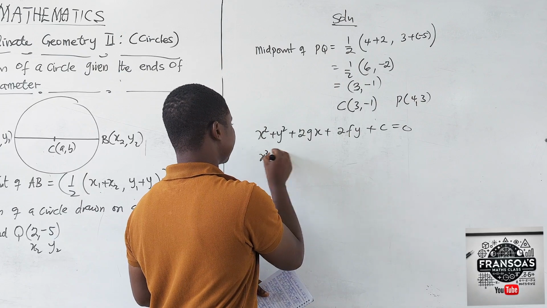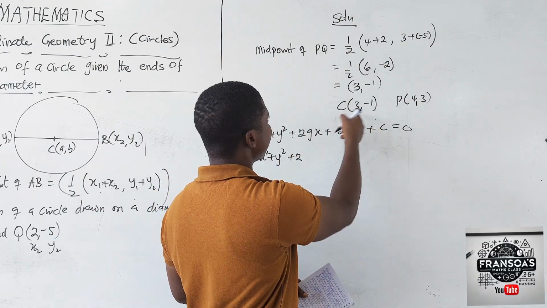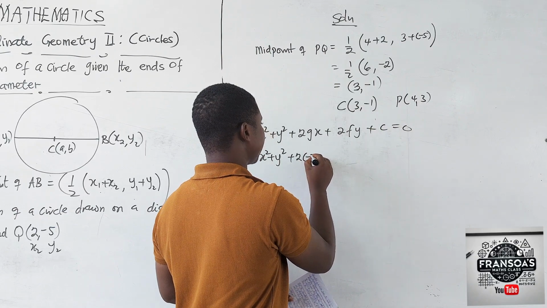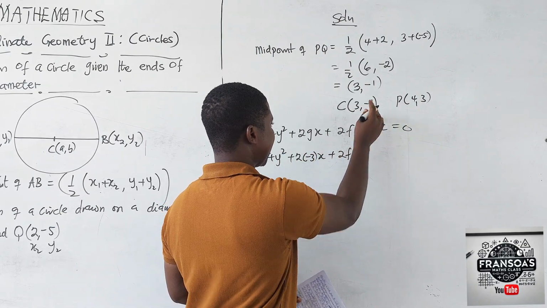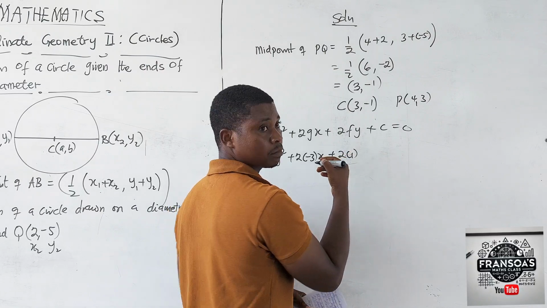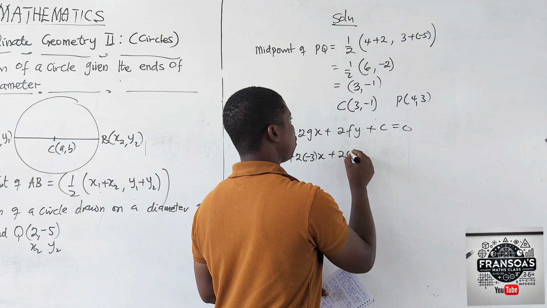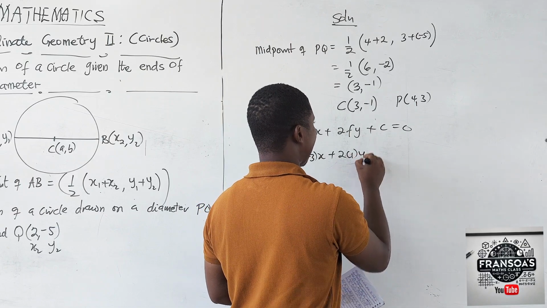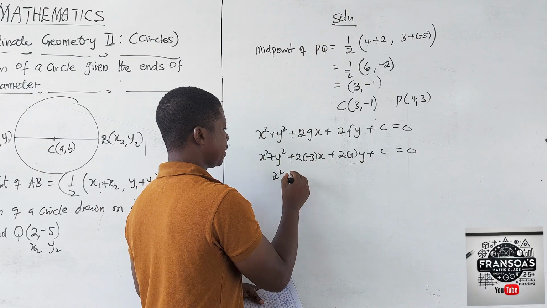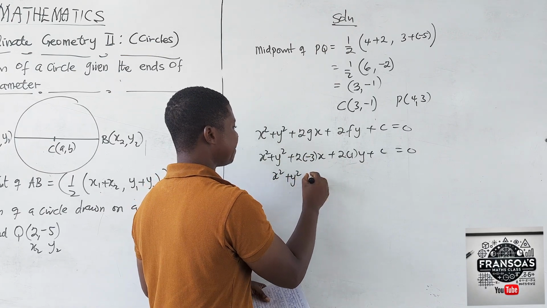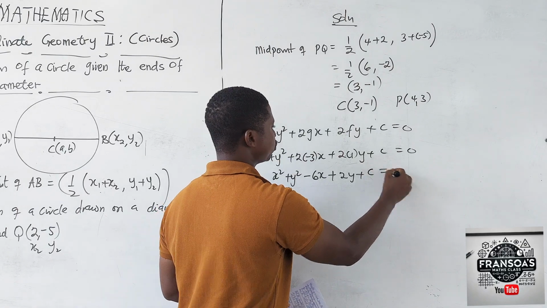So x squared plus y squared plus 2g x, and g becomes -3, plus 2f y, where f becomes 1, because the center is the same as (-g, -f), plus c equal to 0. So we have x squared plus y squared minus 6x plus 2y plus c equal to 0.